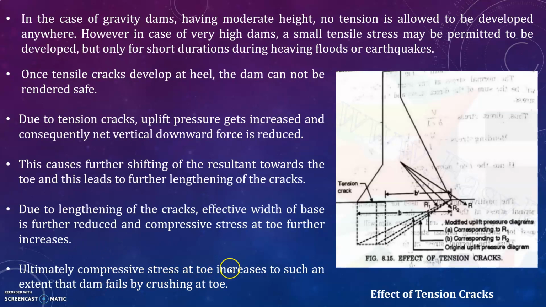Ultimately, compressive stress at toe increases to such an extent that dam fails by crushing at toe. Here in this figure you can see the effect of tension cracks. Tension crack is developed here. This is the modified uplift pressure diagram, and this is the original uplift pressure diagram.